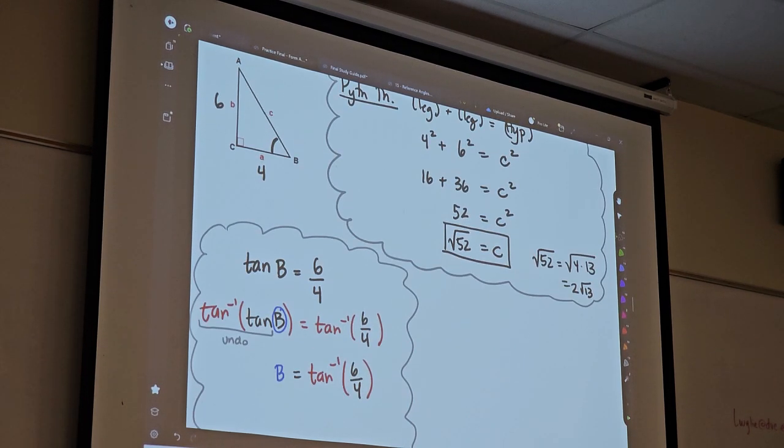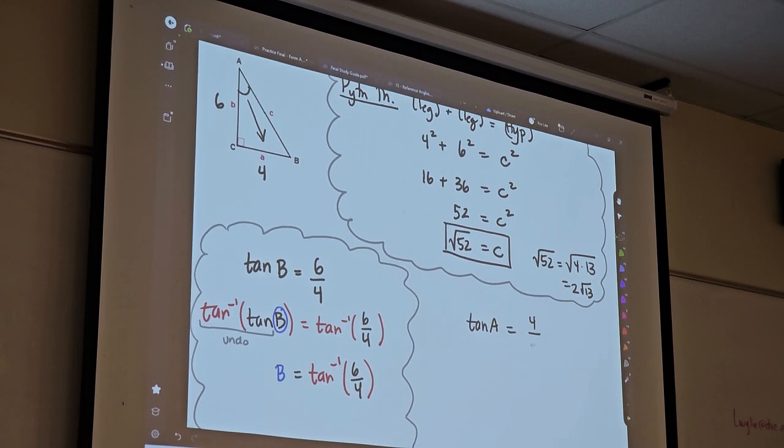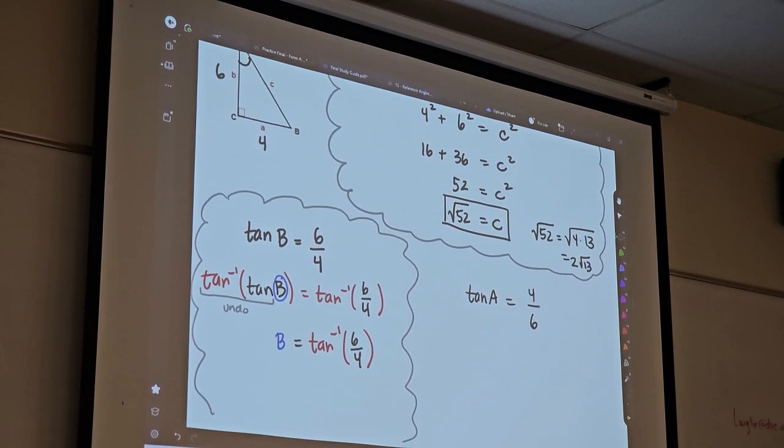And then if I do angle A, tangent of angle A, opposite A is 4. Next to A, adjacent is 6. You can go straight to it. A is the inverse tangent of 4/6. I think I'm gonna just go ahead and write that.